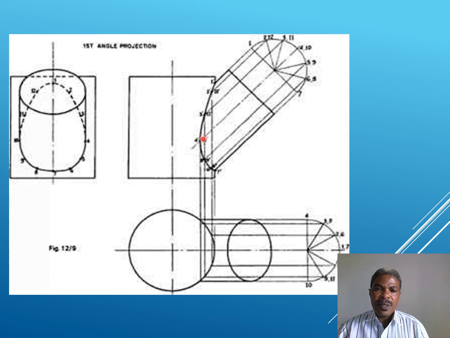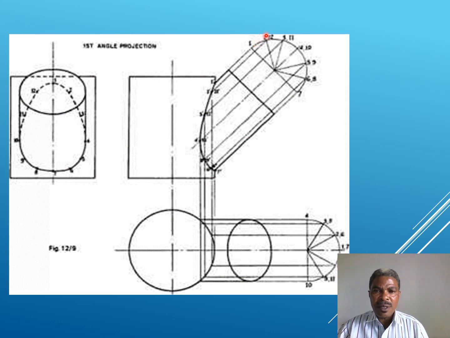So the same procedures apply for a cylinder that is standing, being interpenetrated by another cylinder inclined at a given angle. For example, here, if our axis for the interpenetrating, bigger cylinder is laid at maybe 60 degrees, the same procedures will be conducted.